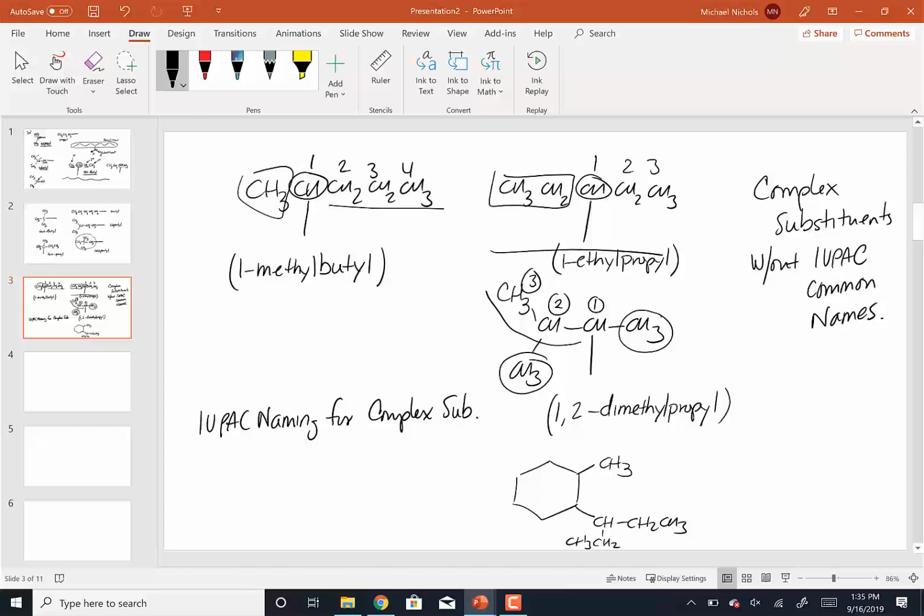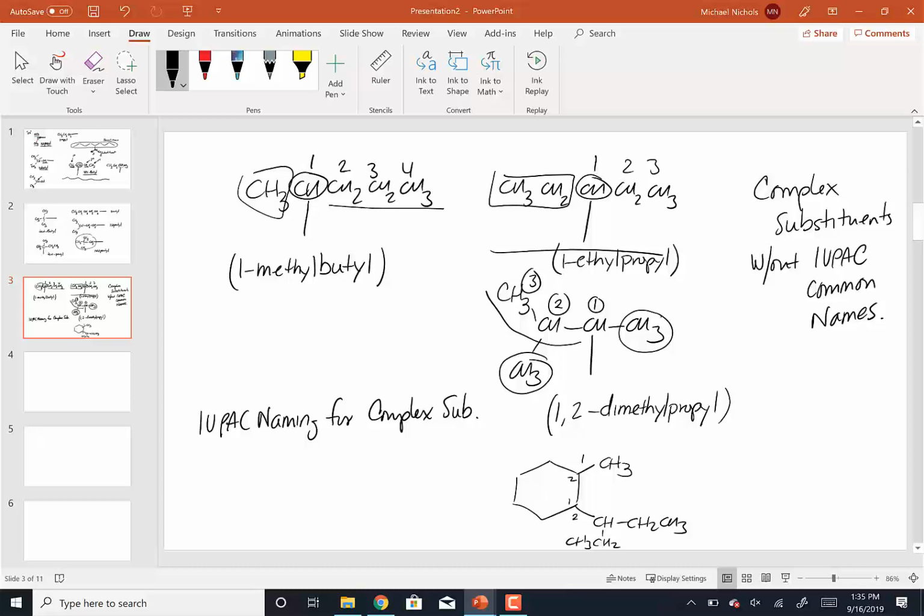If I'm naming this cyclohexane, I've got to find the numbering scheme that gives me the lowest sum, which is either 1, 2, or 1, 2. So who am I going to start at?